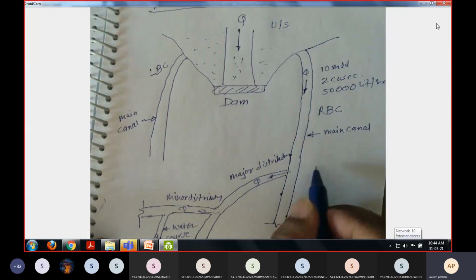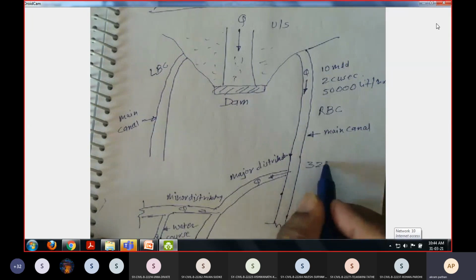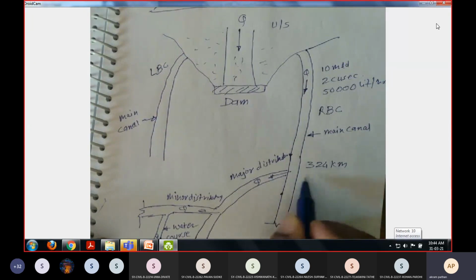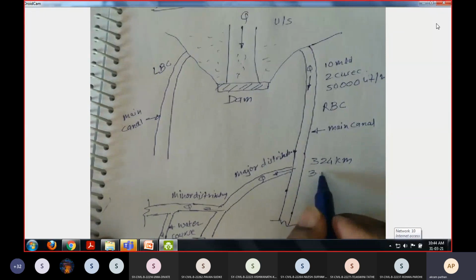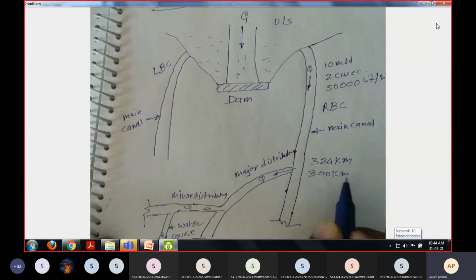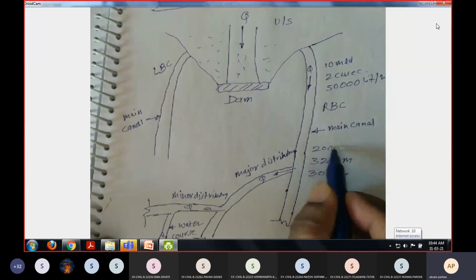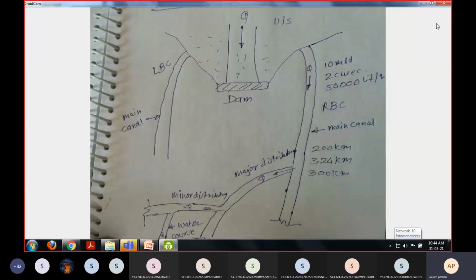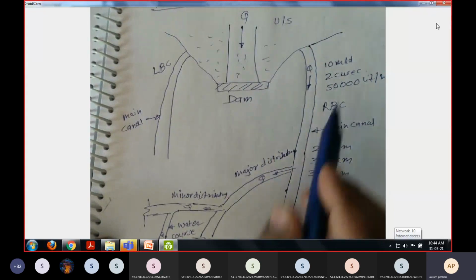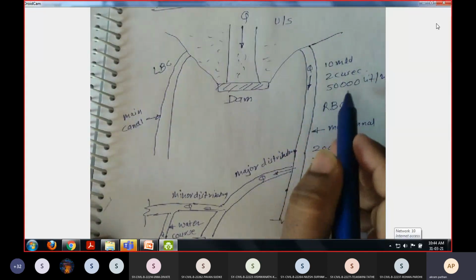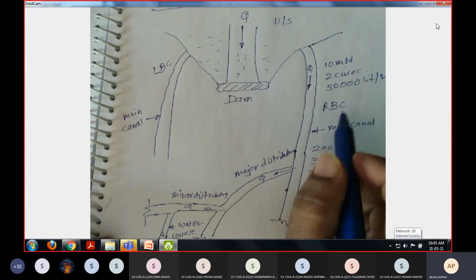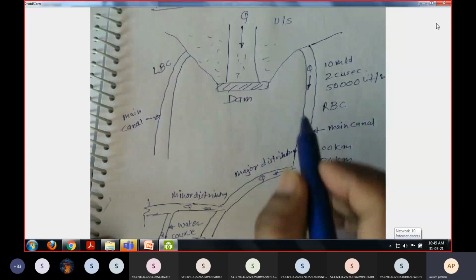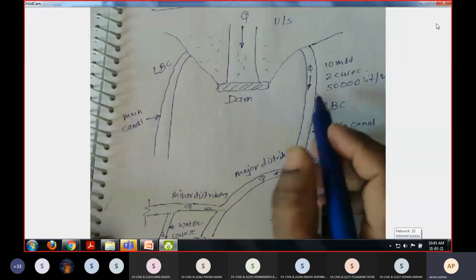Now the length of the main canal, for example, is 324 kilometers or something, 300 kilometers or 200 kilometers. Now we have released how much water? 50,000 liters per hour. Now we have to measure this at a particular interval.